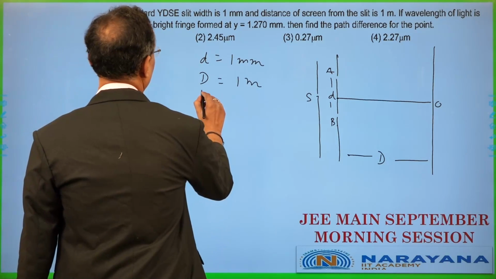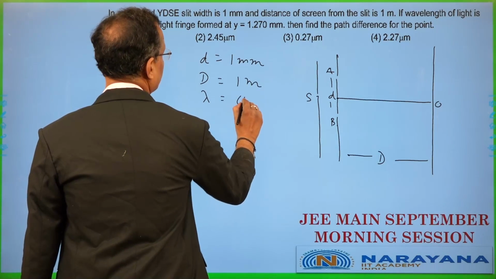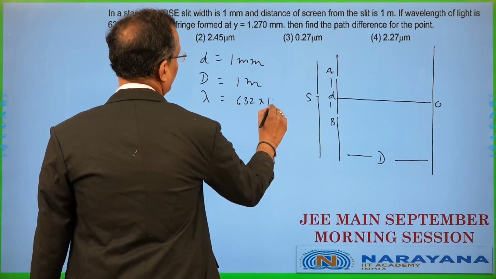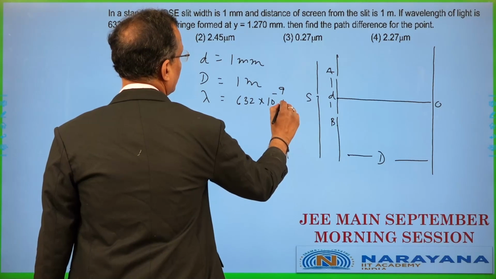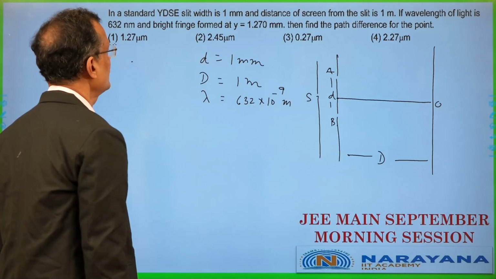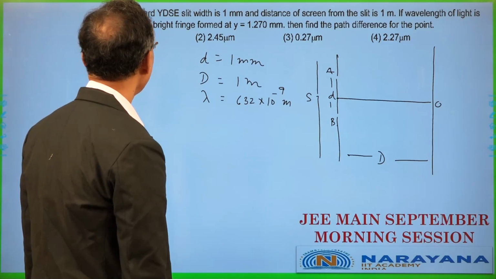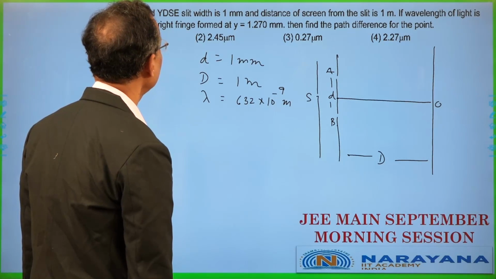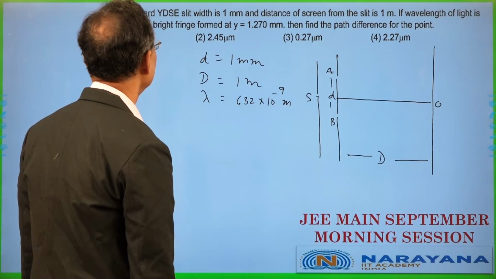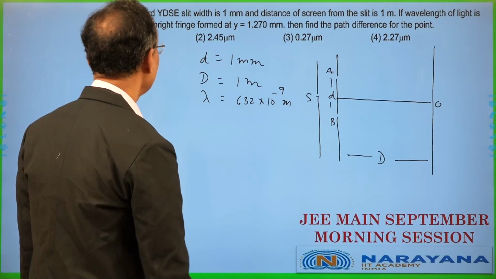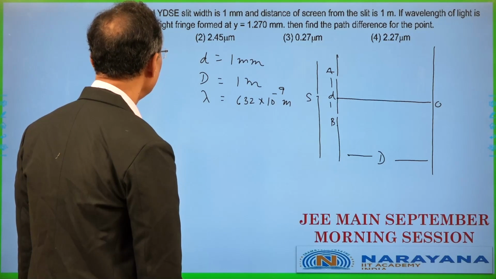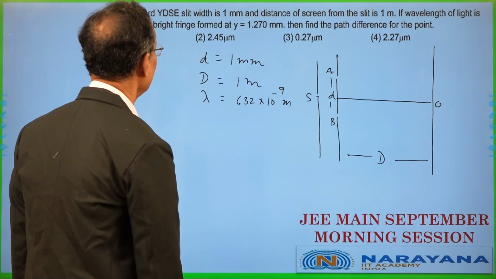The wavelength of light, lambda, is 632 10 to the power minus 9, nanometer, and a bright fringe is formed at y equal to 1.270 millimeter. Then find the path difference. We can get the path difference from here only.